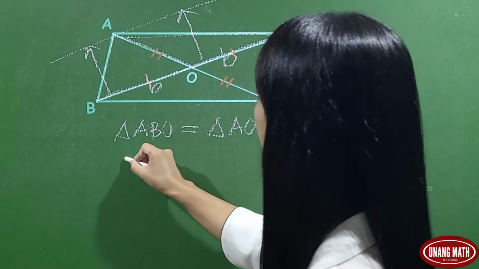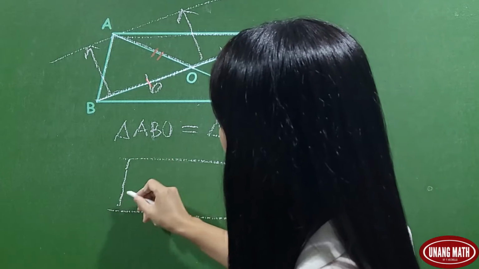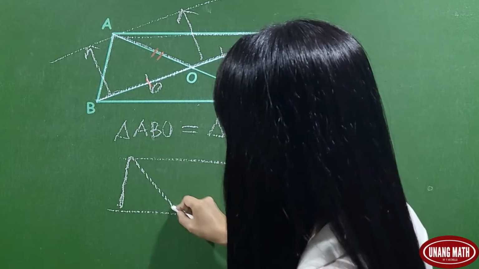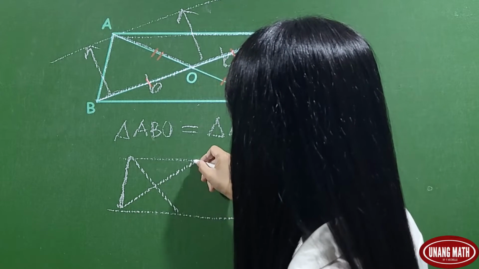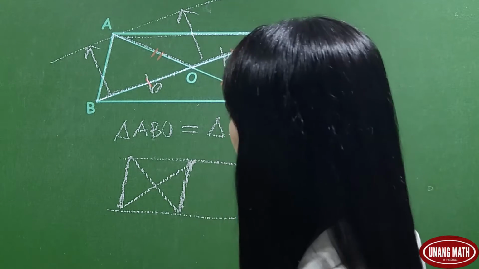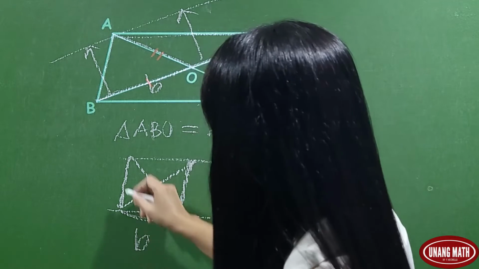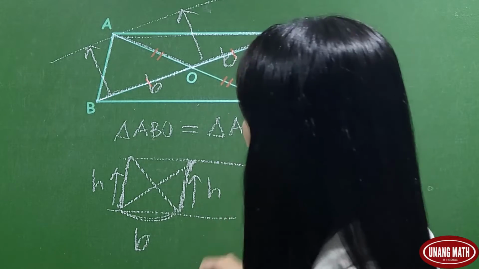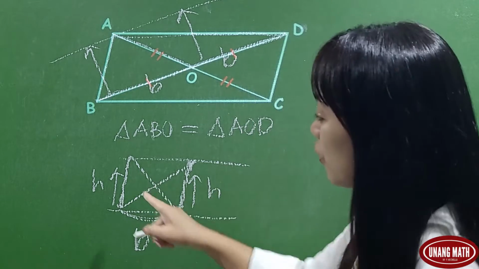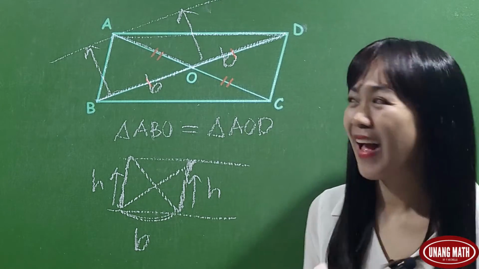Okay, we can actually think like this one. If this is one triangle and we have here another triangle, since they have the same base and they have the same height, then these two triangles are equal.